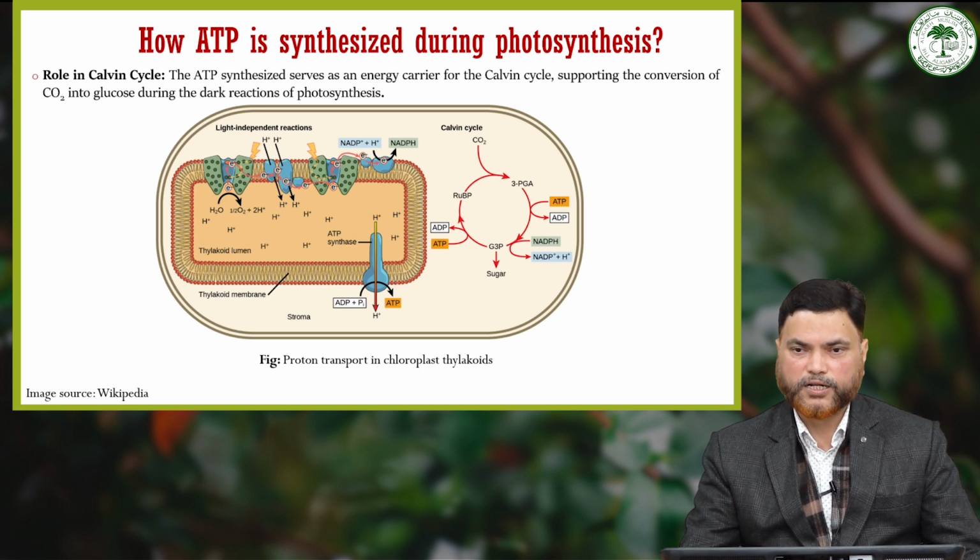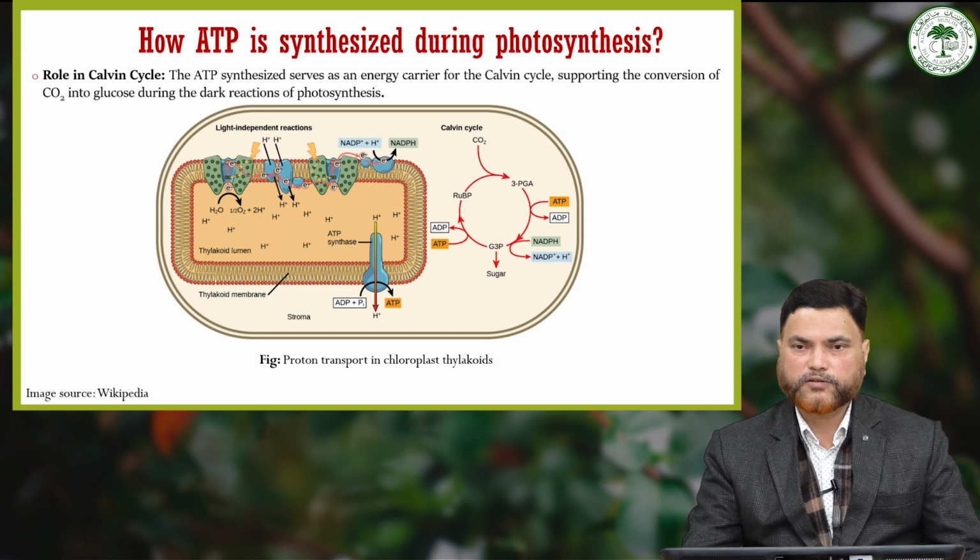This mechanical energy facilitates the phosphorylation of ADP with inorganic phosphate to synthesize ATP. Most importantly, this ATP synthesis process is coupled to the electron transport chain occurring in the thylakoid membrane, and this further demonstrates the interconnected nature of energy production during photosynthesis.